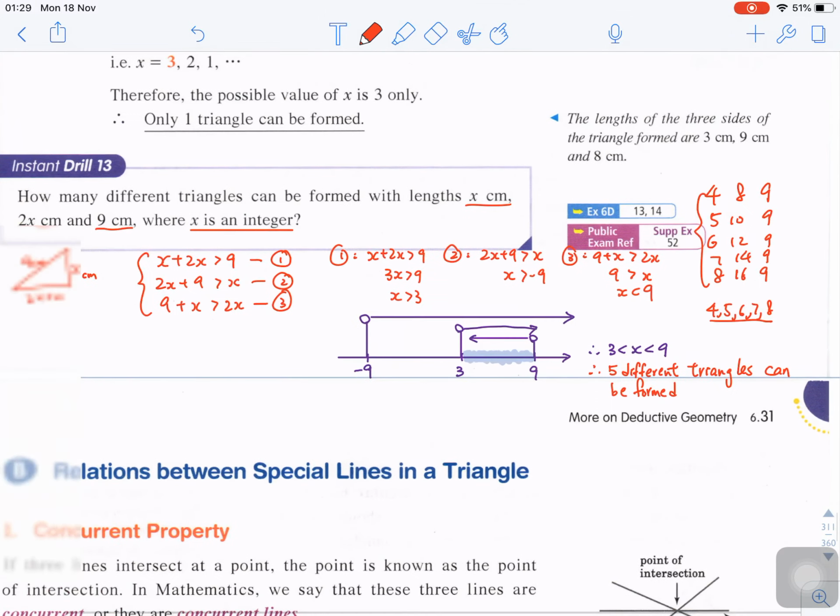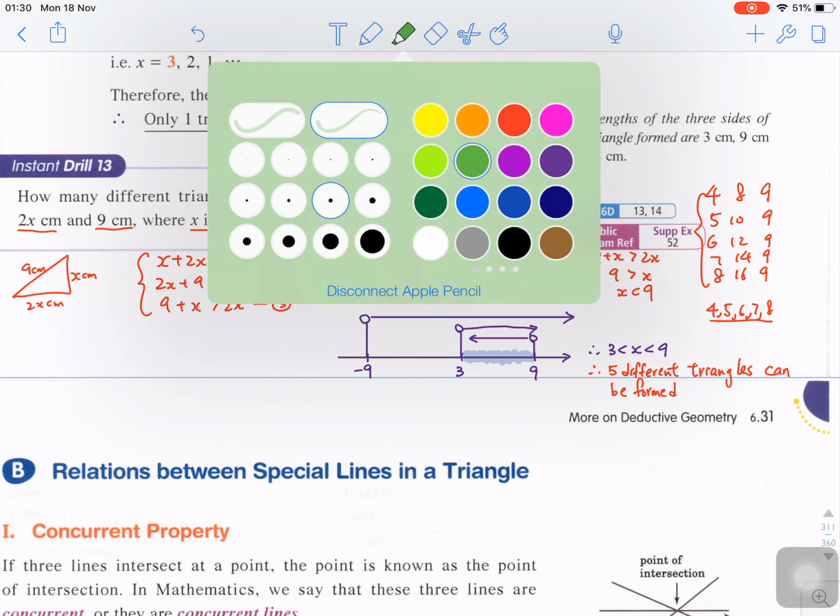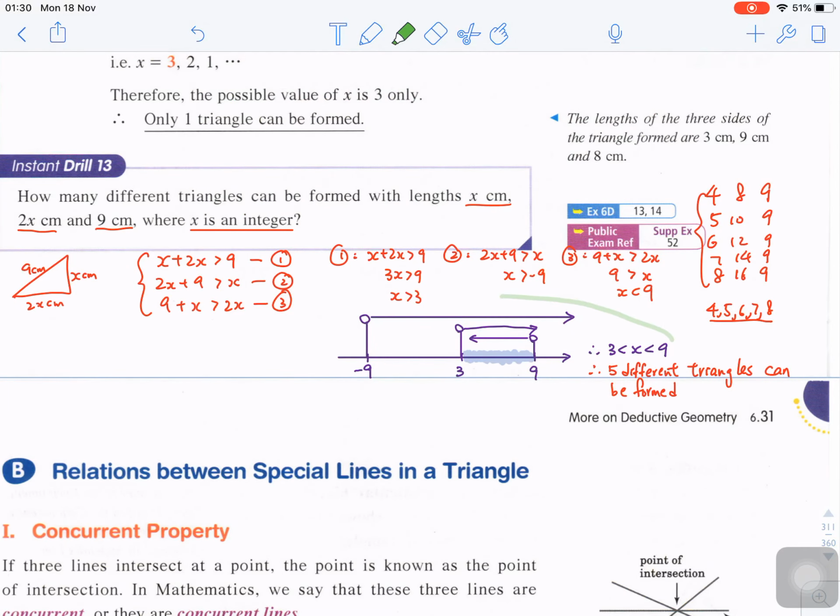That is the triangle inequality: how I set up inequalities, how I solve them, and also the enrichment part, which will be the blue wordings, which I have circled in green right now.